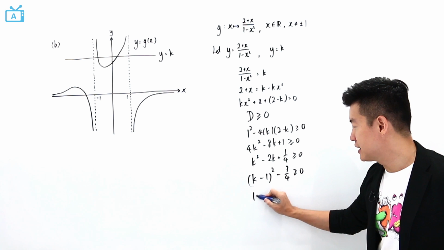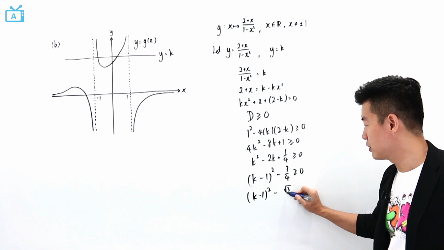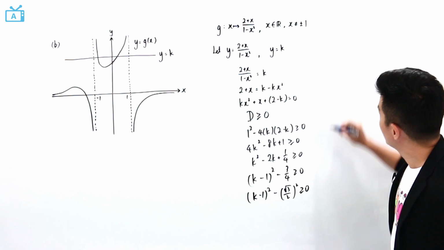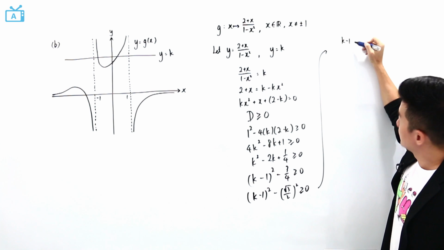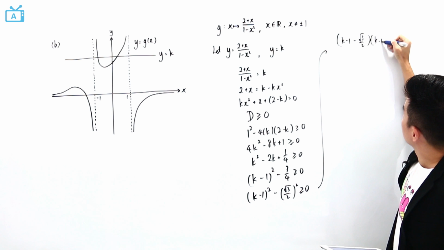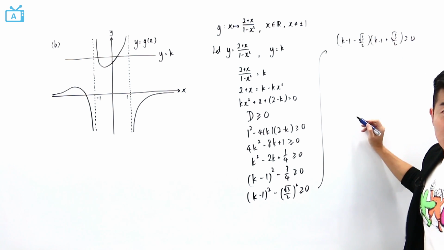Now I can rewrite this as (k minus 1) squared minus (square root of 3 over 2) squared is bigger or equal to 0, which means that (k minus 1 minus square root of 3 over 2) times (k minus 1 plus square root of 3 over 2) is bigger or equal to 0.